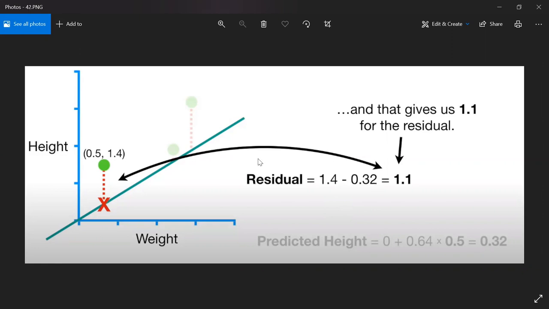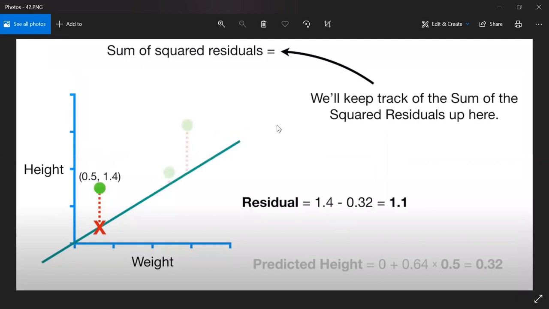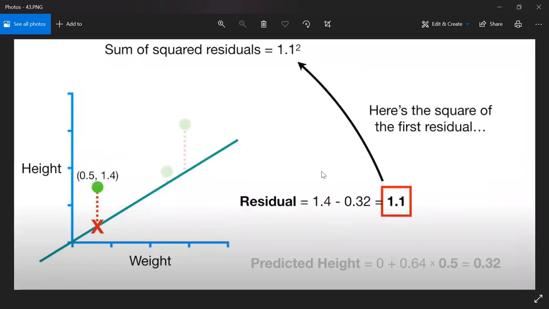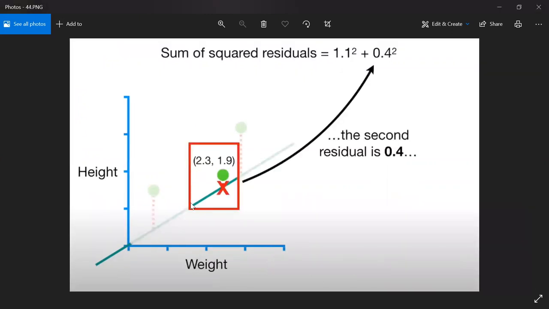So let me tell you, the sum of square residuals formula equals 1.1 whole square plus, can I get the residual for this point? Yes, online, guys. Correct. Next step, if I compute the same thing, I get 0.4 squared residual.